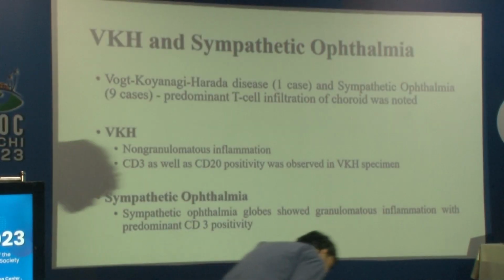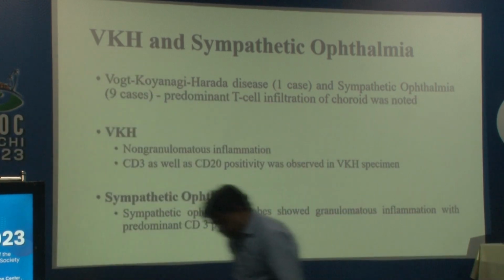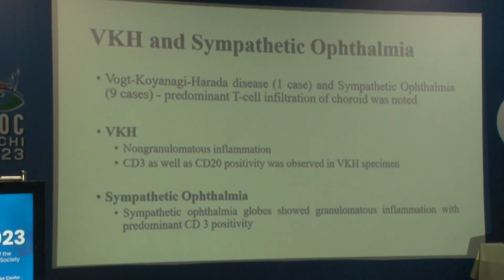I'll discuss this scenario. We were fortunate to have a case of VKH and 9 cases of sympathetic ophthalmia. In VKH, interestingly, we found CD20, that is B cell positivity, in addition to the CD3 T cell positivity, which is rare. Sympathetic ophthalmia, as usual, showed granulomatous inflammation with predominant CD3 positivity.